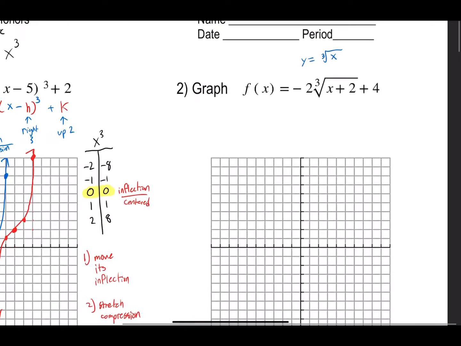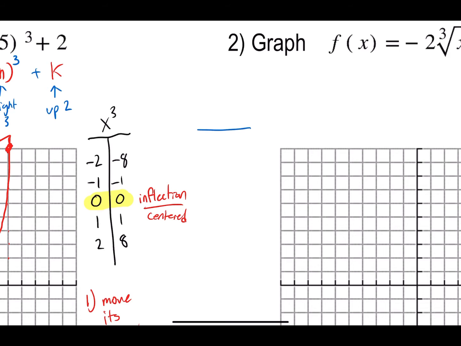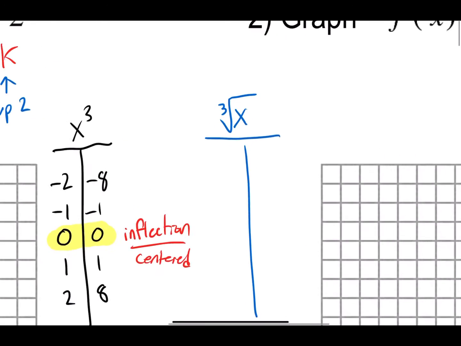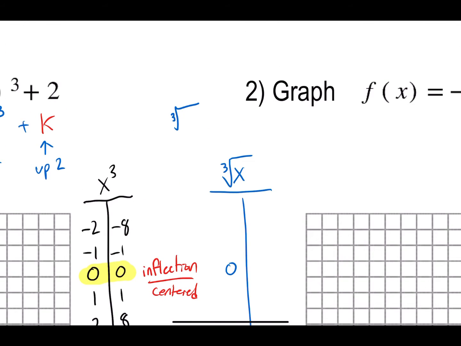So let's look at some parts of where this cube root function would look like. Remember, cube roots are asking a very different question than a cubic, which is, if I plug in a value underneath this radical, this cube root, the question it's asking, like let's say I plug in 0, the question it's asking is, the cube root of 0 is asking, something times itself 3 times equals 0.